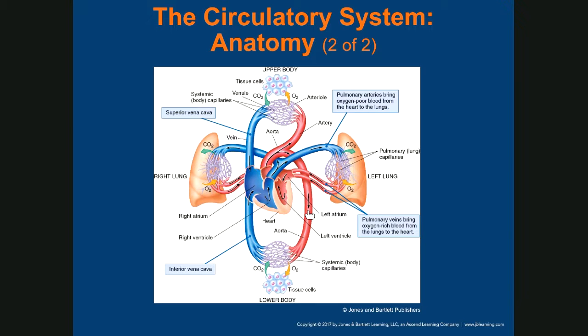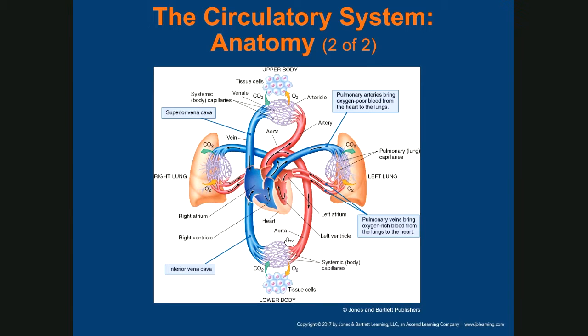So the cells are now oxygenated, and they are able to carry out their normal metabolic function. But the blood that is now in the systemic capillary is once again deoxygenated.